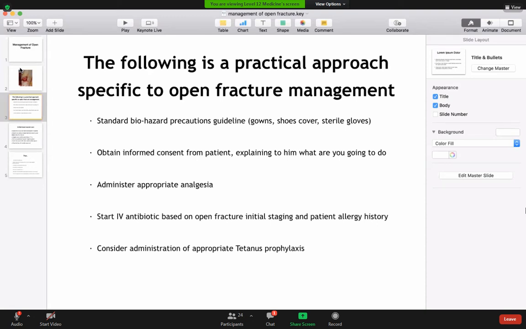So you should make sure whether this is a clean wound or another type of wound, because you have to classify the wound. Clean wound, what are the features of a clean wound?